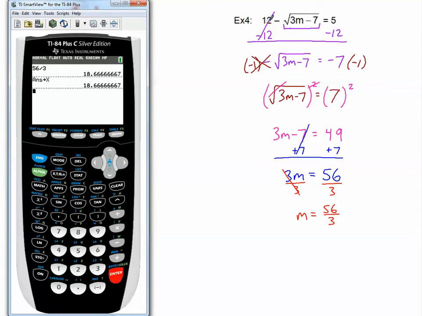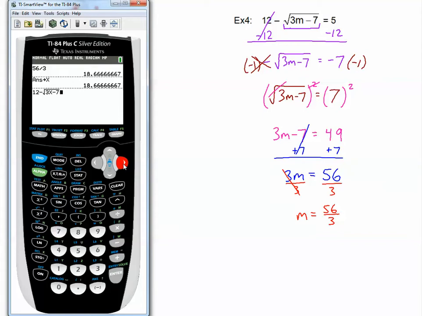Now I just need to type this side of the equation and see if it's equal to 5. So I'll have the 12, and then the minus sign, and then the square root. So I'll pull up the second square root, and there it is. And let me put, instead of 3m minus 7, 3x minus 7.